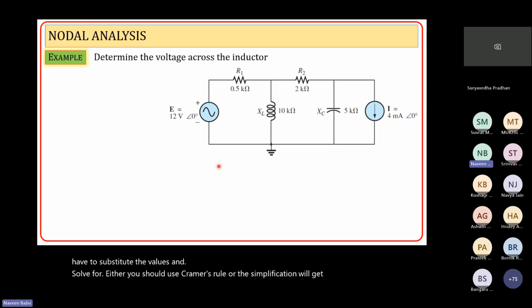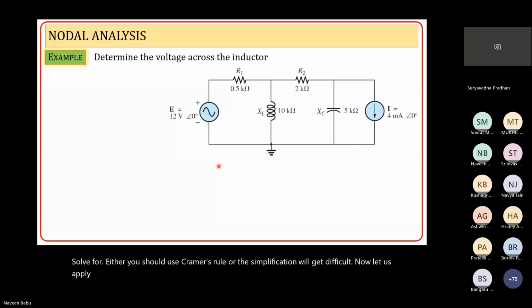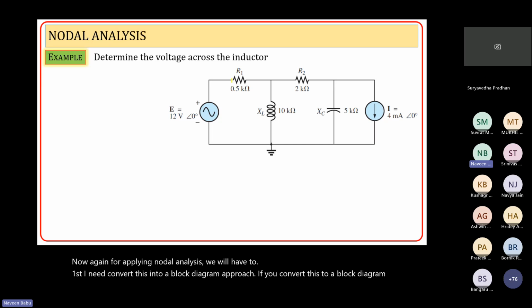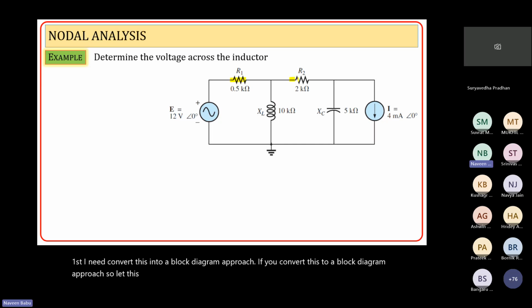Now let us apply nodal analysis. Now again, for applying nodal analysis, we will have to first convert this into a block diagram approach. If you convert this to a block diagram approach, let this be Z1, this be Z2, this be Z3, and this be Z4.